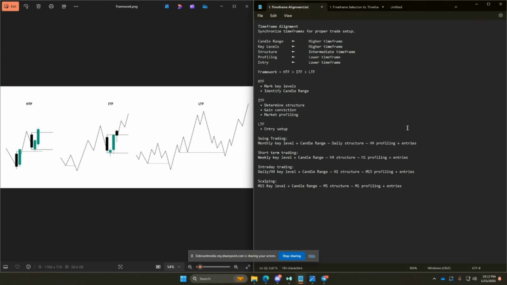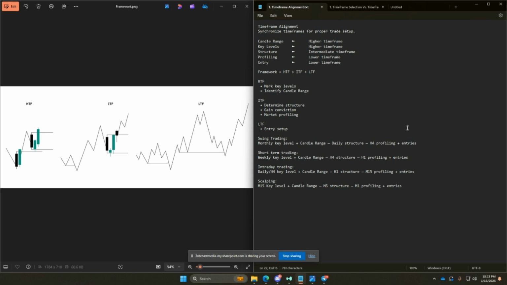We start with the higher time frame, we move to the intermediate time frame, and then we build an entry setup or a trade setup in the lower time frame, after we've gathered the information we need to form a bias so that we can know whether we're going to go long or go short.